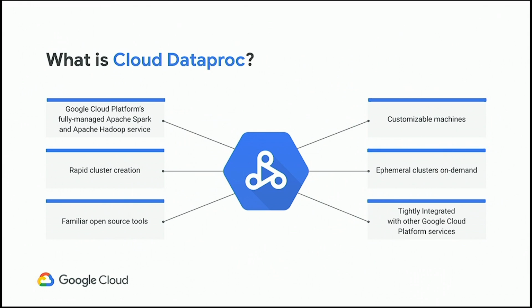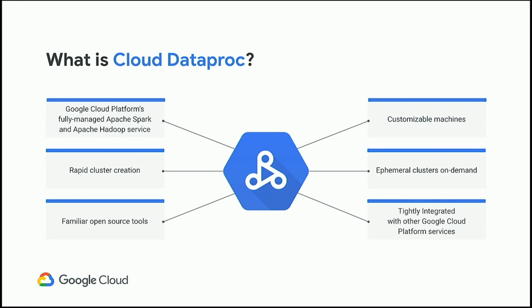So I think we've established this already, but Cloud Dataproc is Google Cloud Platform's fully managed Apache Spark and Apache Hadoop service. And while I'm saying Hadoop and Spark, it's really an engine for running open source software in that ecosystem.